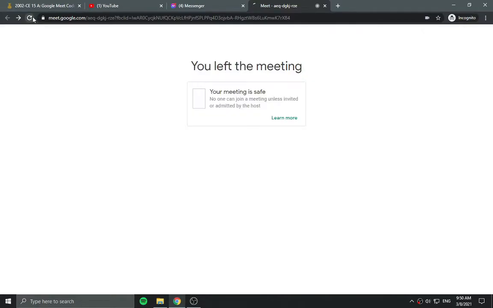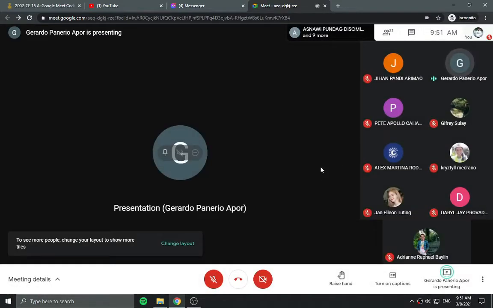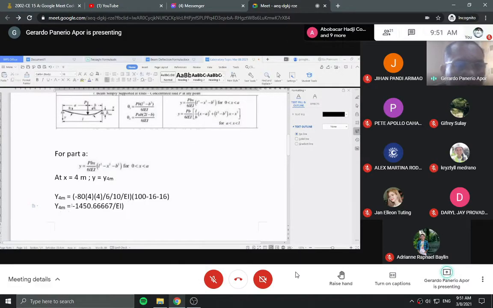Remember, E is... you have a 1,000 divided by a big number, so the deflection will come out very small. It's very small. Here it appears big because EI is not yet substituted. So this is it, no?